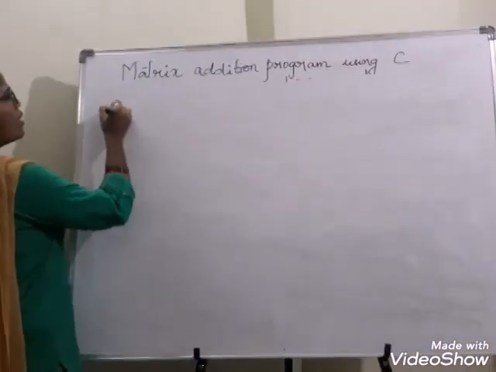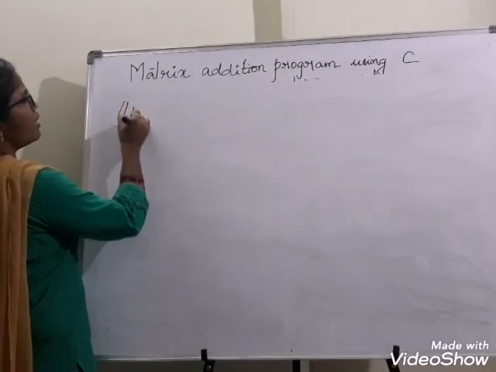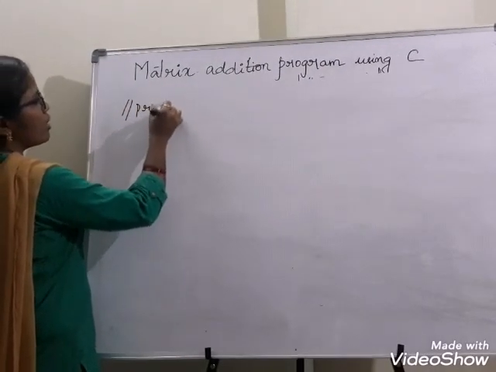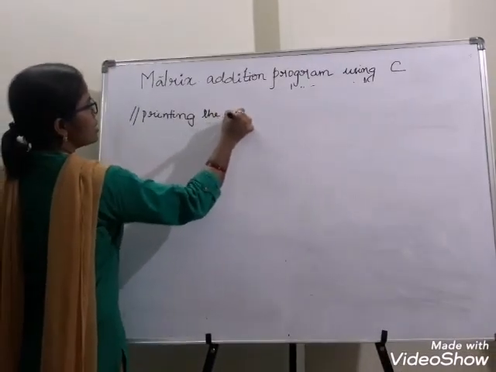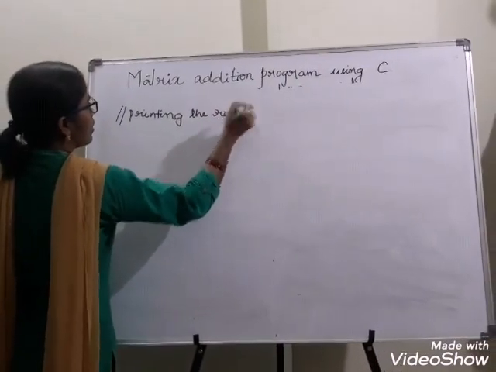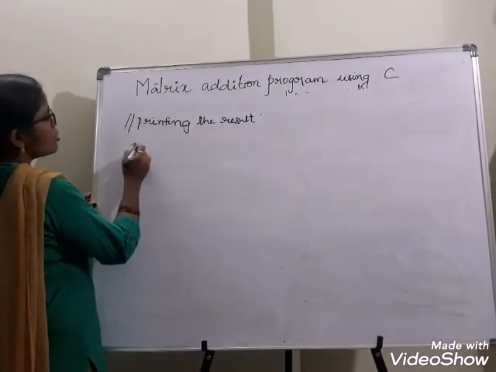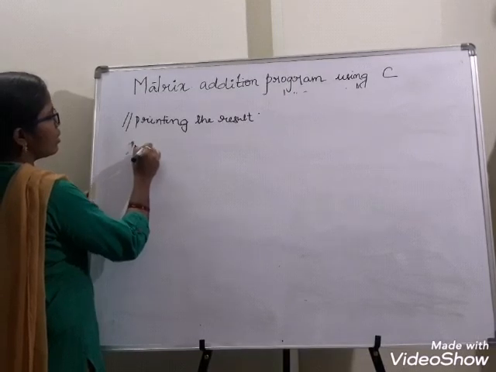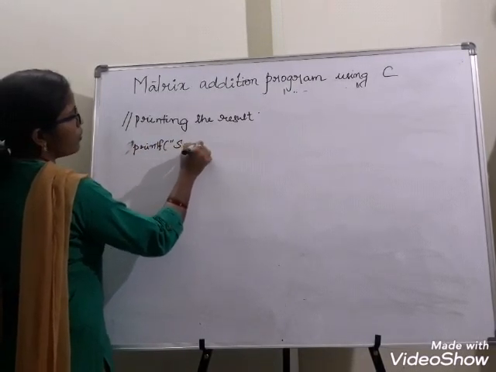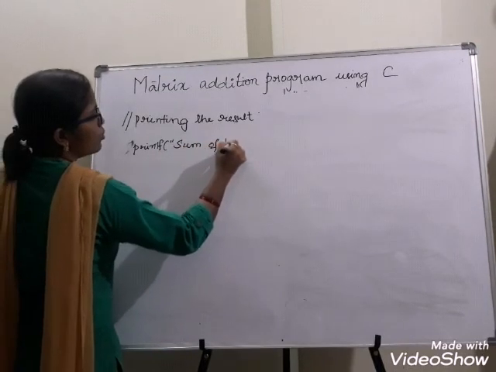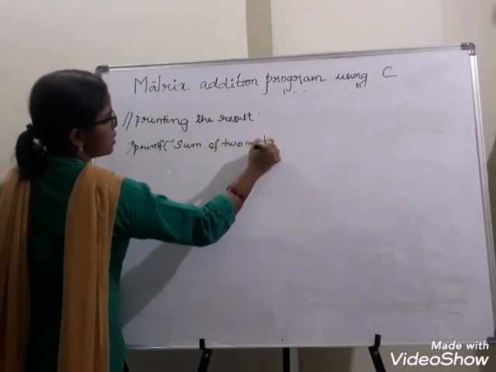So, in continuation of our program, finally printing the result. What we need to do? We have to print the result. So, print "sum of two matrices".